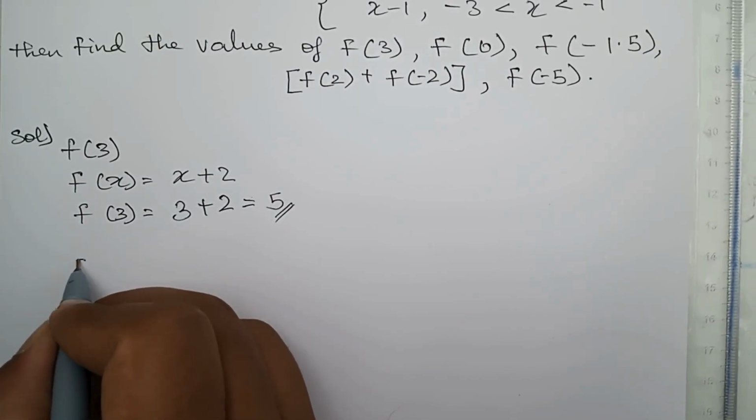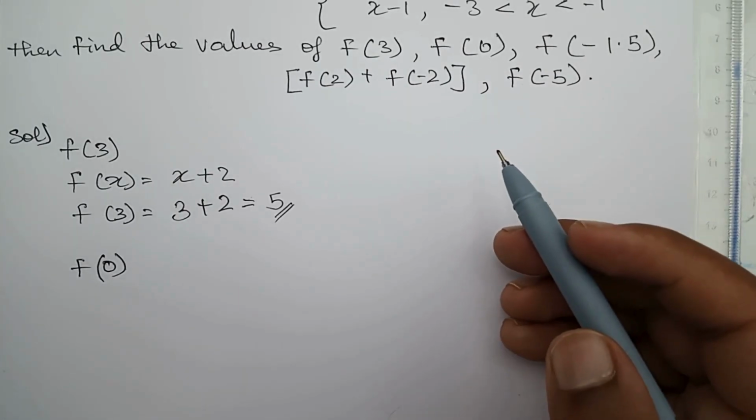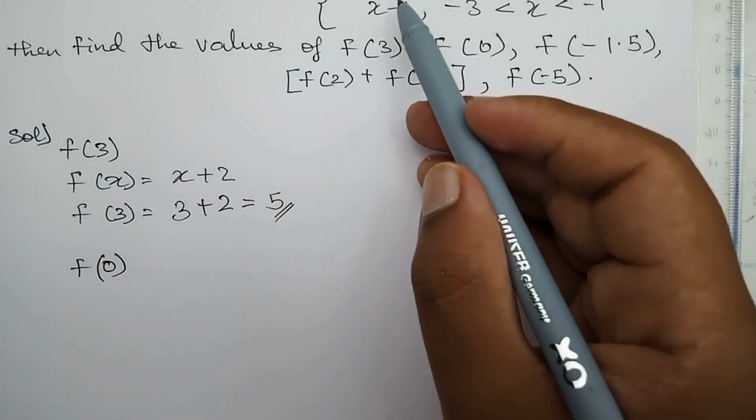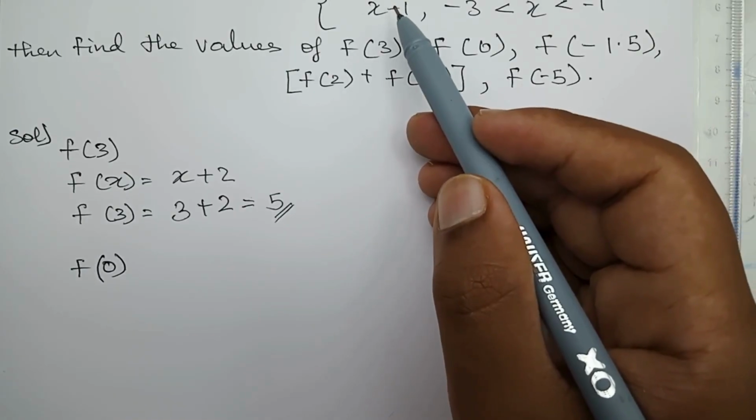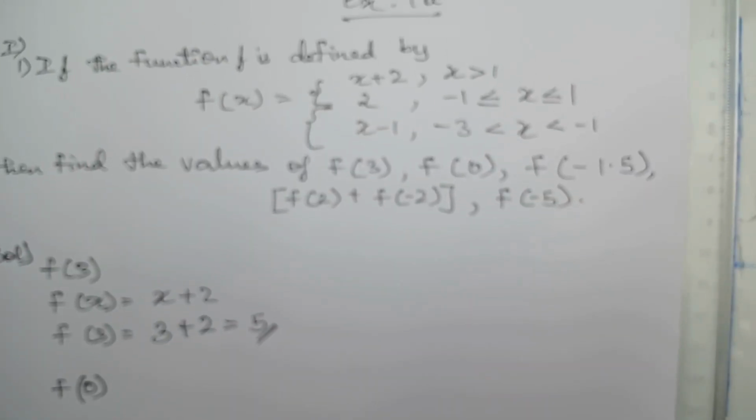The second one, f of 0. Here in the conditions given above, I think you cannot see, now you will see. I will explain the first one again.